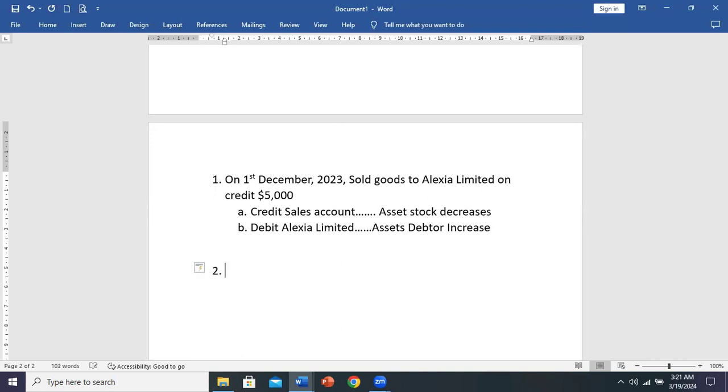Let me do another one. So number 2, purchased goods from Richmond Enterprise, $4,000 on 1st November 2023.